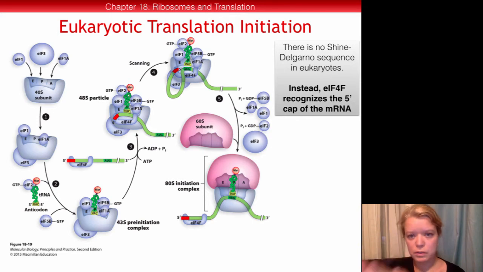Before we go through this in a little bit more detail, I just wanted to take away the fear of the acronyms. You can see that overwhelmingly all the little blue blobs on the diagram are called eIF something. E stands for eukaryotic, I stands for initiation, and F stands for factor.